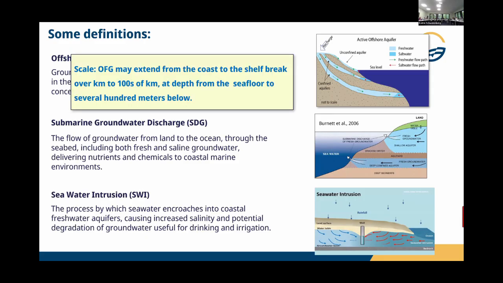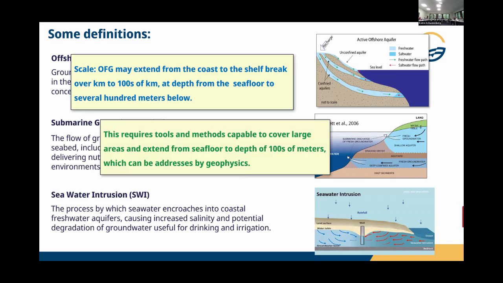Now, the point I want to make here is that OFG systems may extend from the coast to the shelf break, over kilometers to hundreds of kilometers, at depths from the seafloor to several hundred meters below. So to my understanding, offshore freshened groundwater can be huge. It's a large volume.